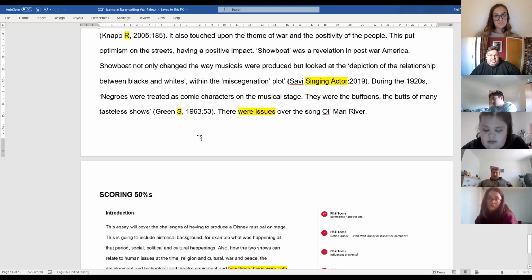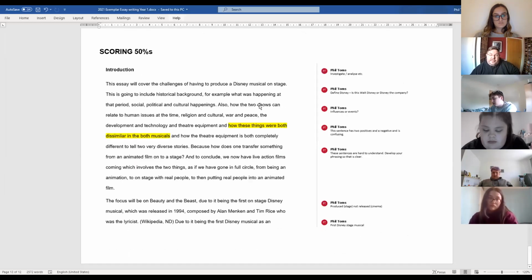And then 50s, those ones I made up, but this is an actual essay one. You can see how I've commented down the side when I've been marking it. So this essay will cover the challenges of having produced a Disney musical. So I would prefer the words investigate or analyze. Okay, what is Disney?